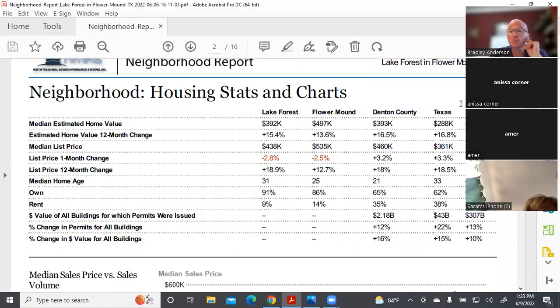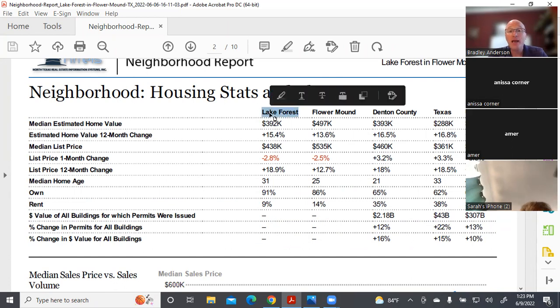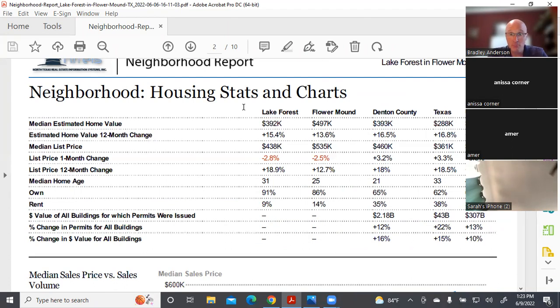This takes a slightly different lens, because Lake Forest is my subdivision. Lake Forest has 3, I think, other sections that are a lot newer than mine. My home was built in 1991.